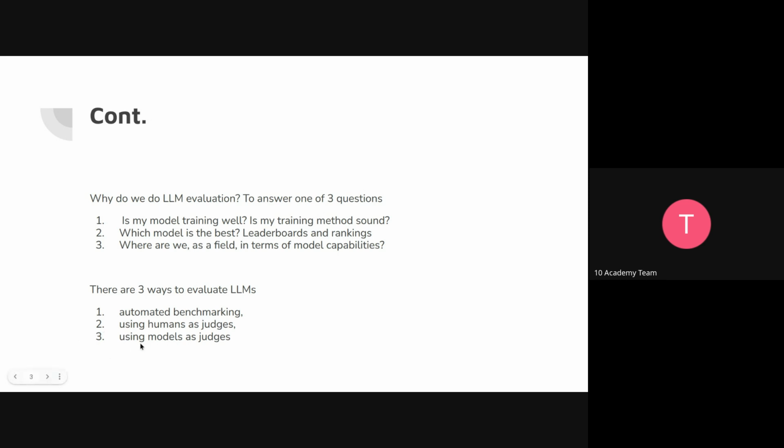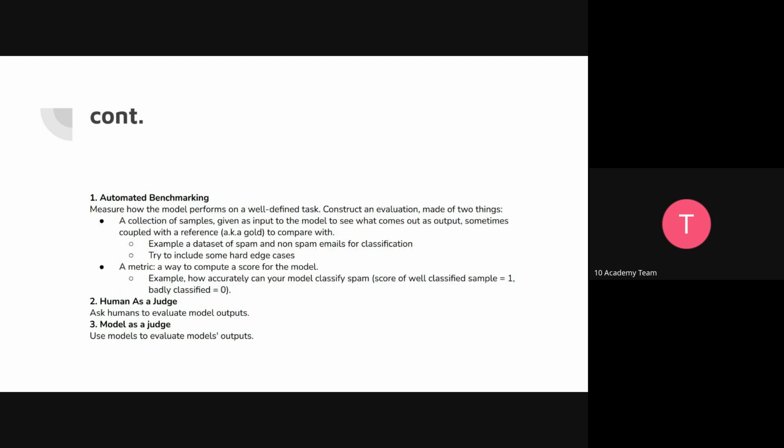One of them is using humans as judges, or using LLMs as judges as well. I'm not expanding on those, but basically, using a human is just like preparing a data set.